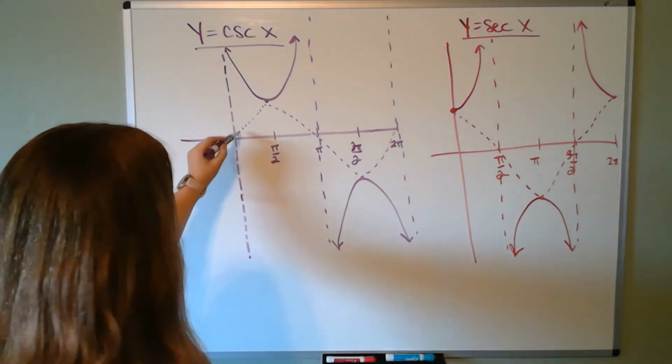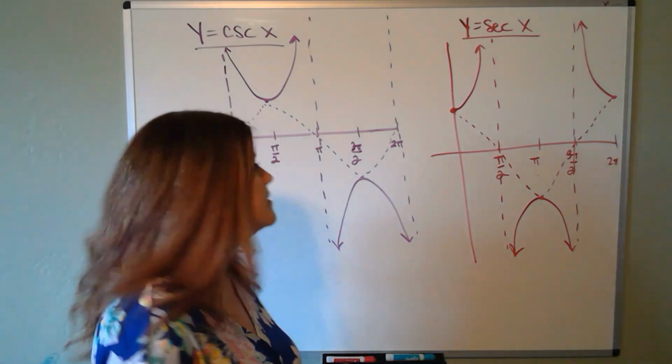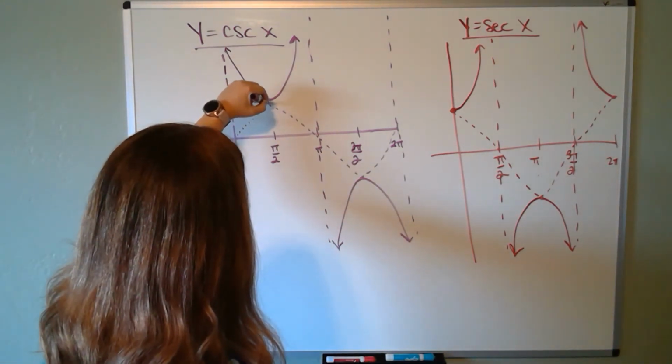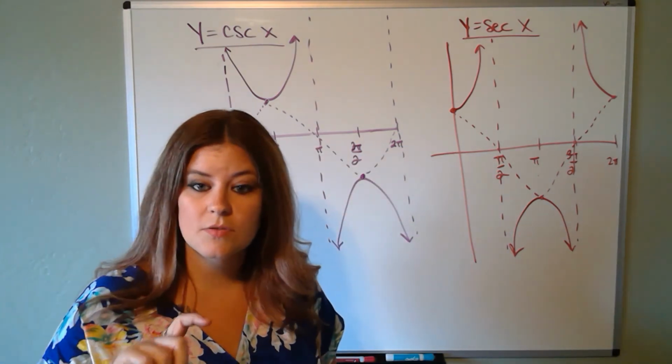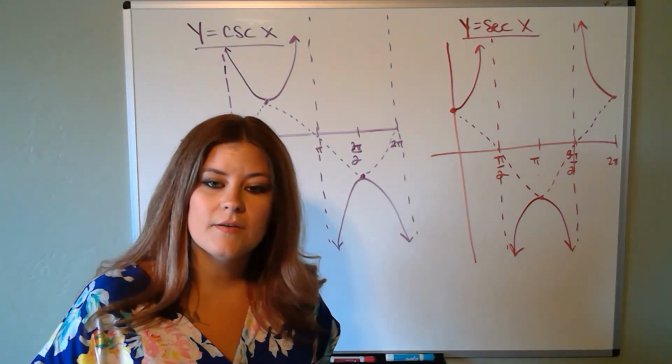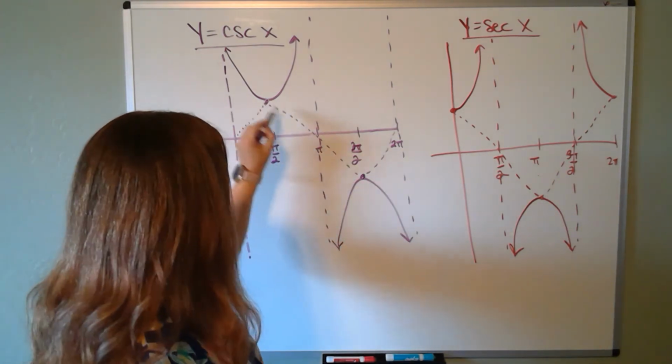You guys notice the sine I've dotted in, the reciprocal function of that cosecant, look how it meets. They have points in common at the 1 and -1 because the reciprocal of 1 and -1 are the same, 1 and -1. So it makes sense that they would meet at points.